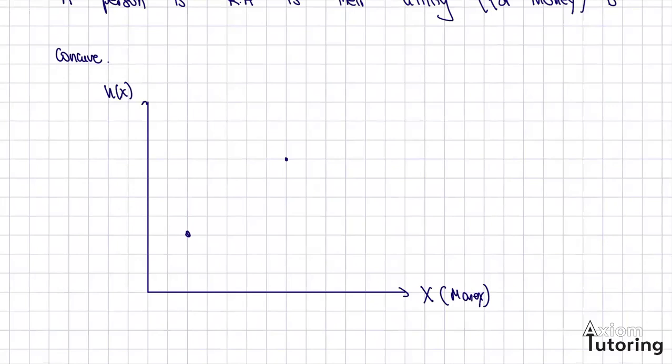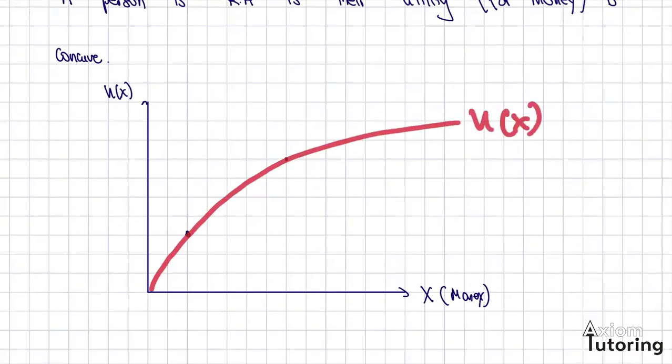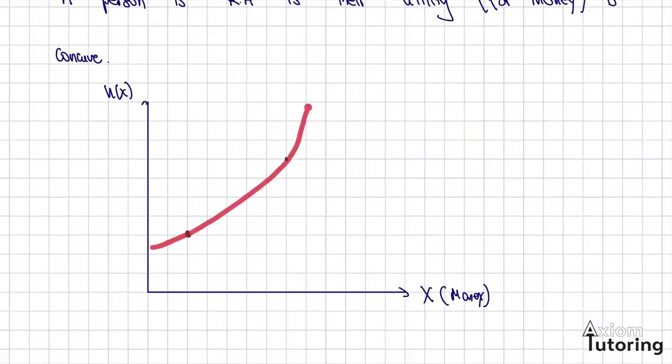But note this shape could be like this. So look, a concave function, right? U of X, or it could be like this, a convex function, or it could be linear for that matter. So a risk-averse individual is someone with a concave utility function of sure money.